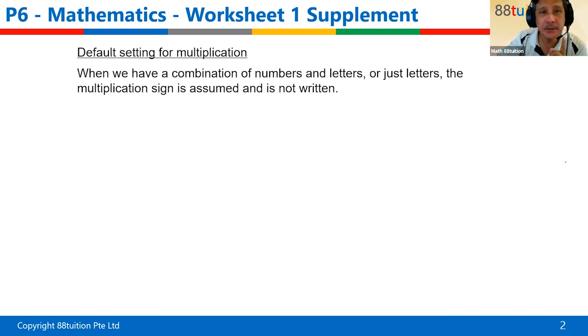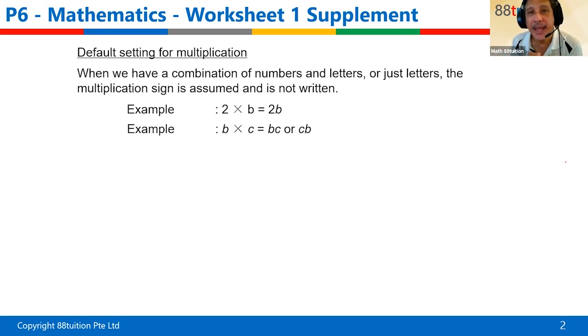So for example, if I want to tell you it's 2 times B, I will just write 2B. I will not write 2 times B. You must know that it is implied. If I have letters by themselves, let's say B times C, then I will just join the two together. I will call it BC, or I can call it CB, but I will not put the times in.